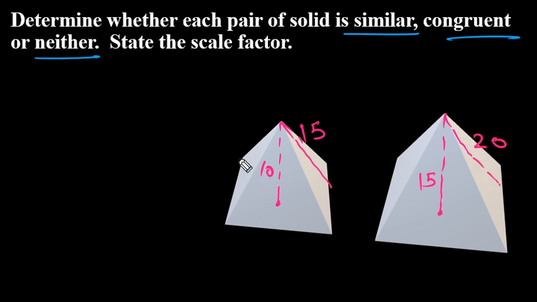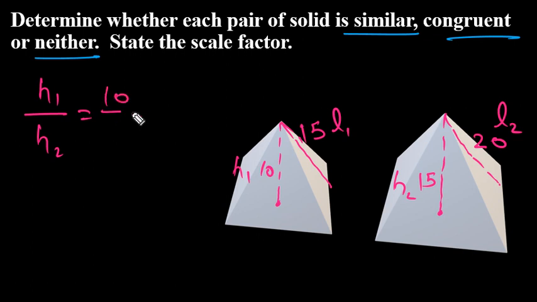Give them some names for convenience: h1, h2, l1, l2. The ratio of height h1 over h2 is 10 over 15. To simplify, write in the calculator 10 divided by 15, which gives 2 over 3, or you can see 5 is the common factor: 10 divided by 5 is 2, 15 divided by 5 is 3.